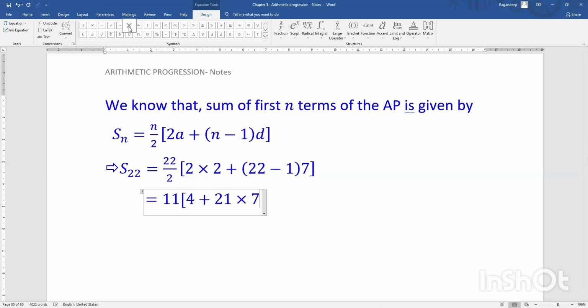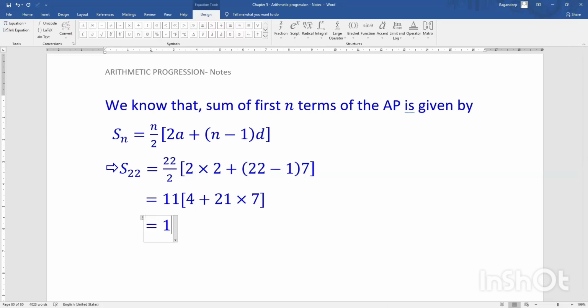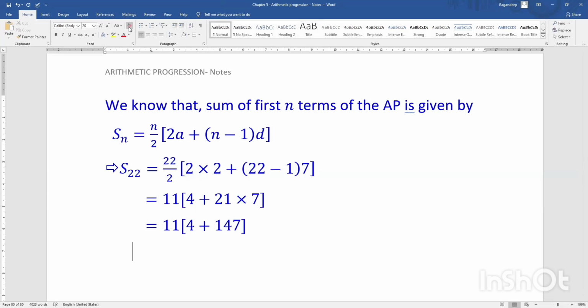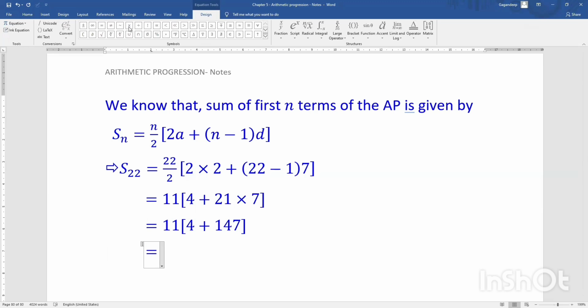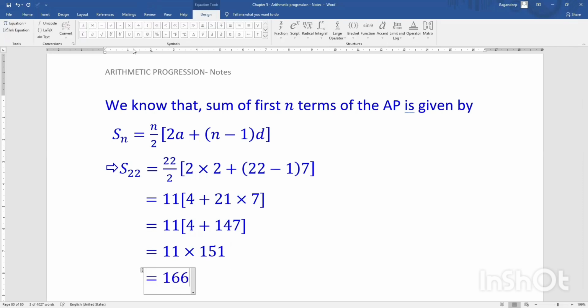It is equal to 11 bracket open, 4 plus 147, bracket close, so we have 11 into 151, which is equal to 1661.